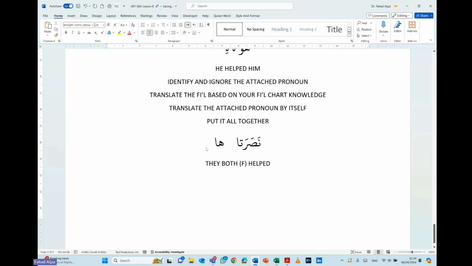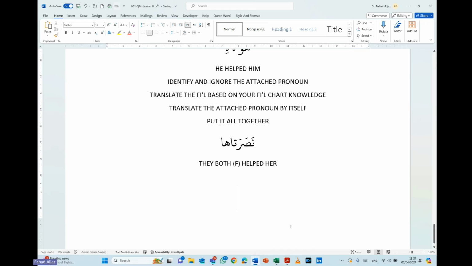What is the independent form of ha? Here. And here meant she. So what would ha mean? Her. So they both helped her. Yeah, they both helped her. And that's the process you're going through in your mind to translate anything like this.